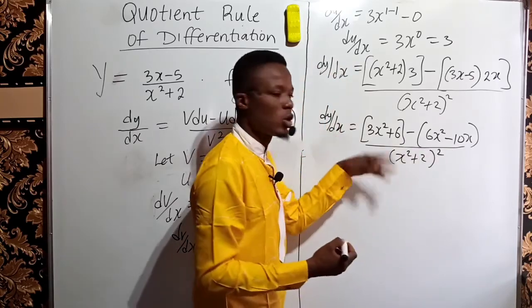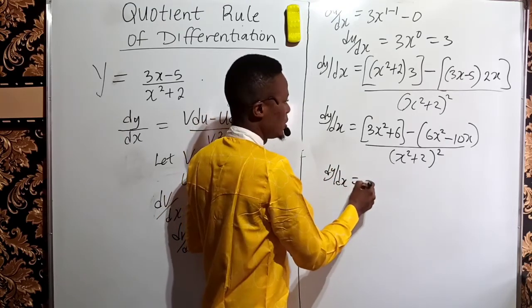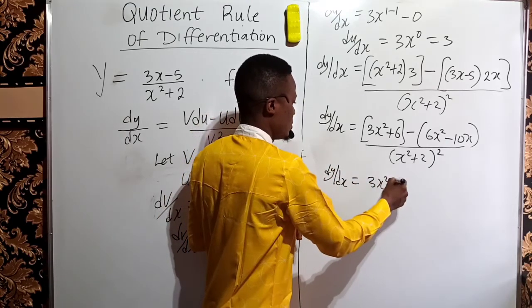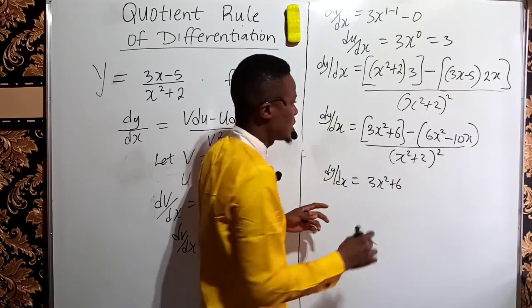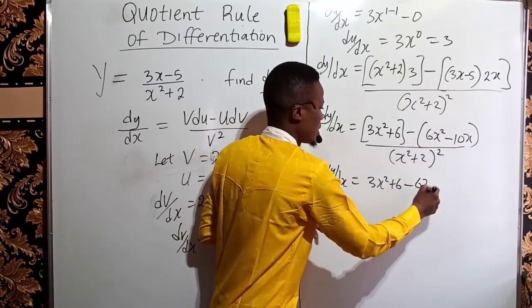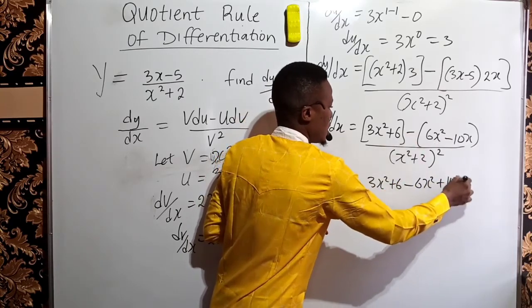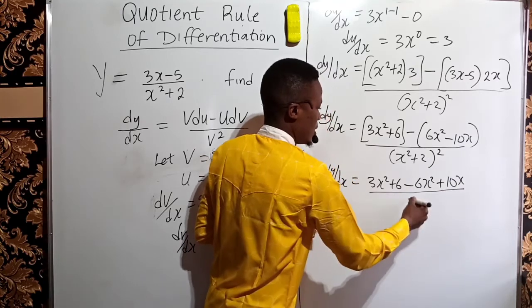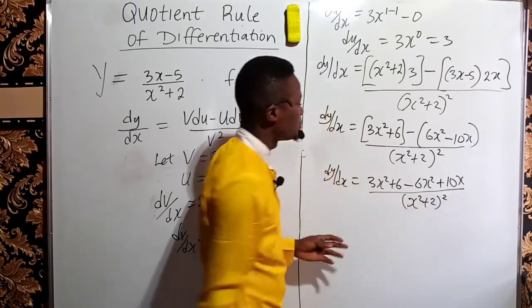You continue again to collect like terms. So dy/dx will give us 3x squared plus 6. The negative sign here will affect everything in the bracket. We shall get minus 6x squared, minus minus turns to plus 10x, all over x squared plus 2 to the power of 2.